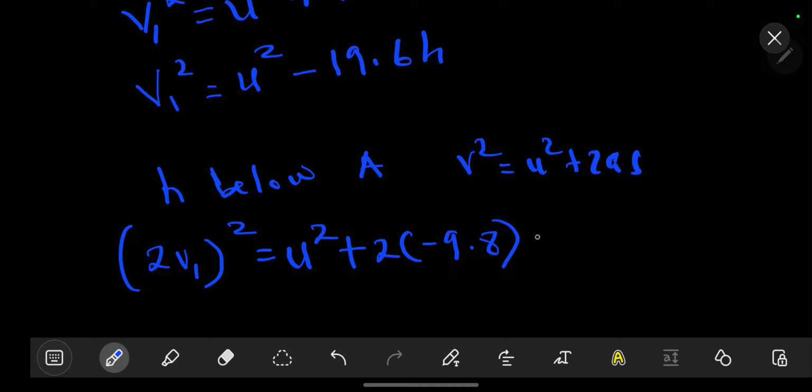Then the height h below A will take a negative value, since the displacement shows the direction.